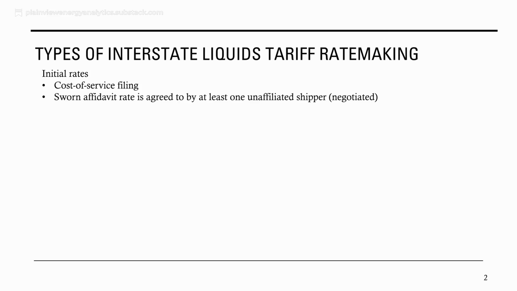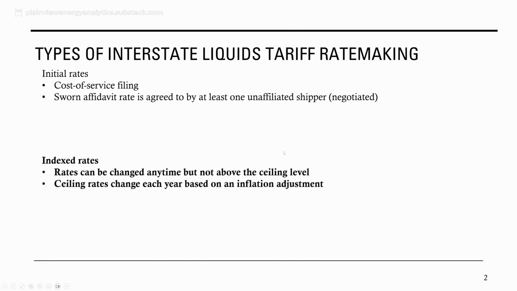They can either say, here's a cost of service filing where we outline how much our return is going to be on our pipeline, or they can provide a sworn affidavit that at least one unaffiliated shipper has agreed to the rate that they're proposing on this pipeline. So from FERC's point of view, this is like a negotiated rate. FERC says, hey, if somebody unaffiliated with your company is willing to pay that, then we view that rate as being just and reasonable, and we will let you charge that rate.